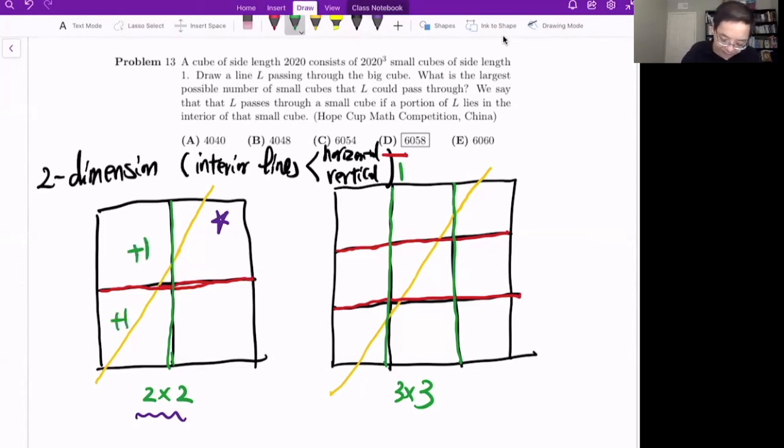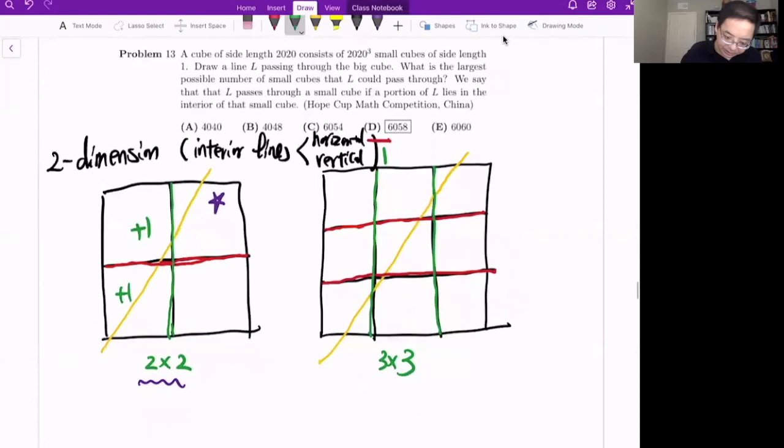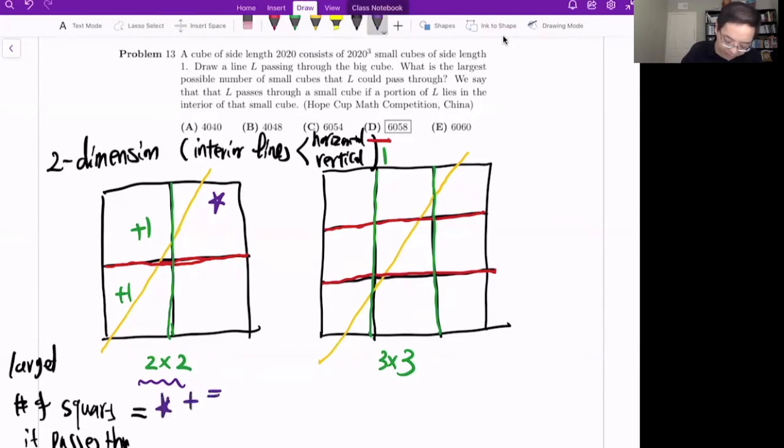So basically the largest number of squares it passes through equals the first one, the special one, plus the number of interior lines.